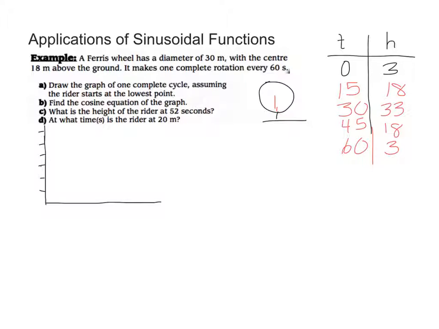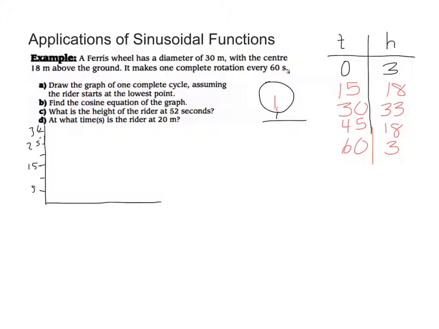By fives, 5, 10, 15, 20, 25, 30, oops, that's 25, 30, something like that. So 33 would be a little higher than that.